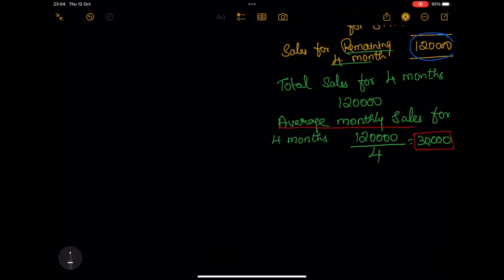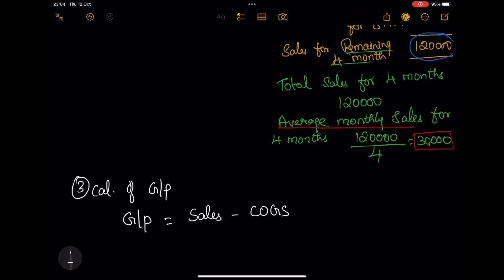Yes. So calculation of the third point, calculation of gross profit. Gross profit equals sales minus cost of goods sold. Total sales 2,40,000 minus cost of goods sold 60,000.